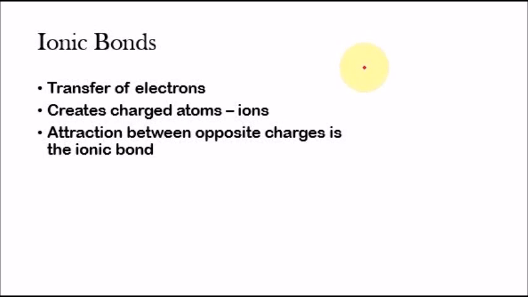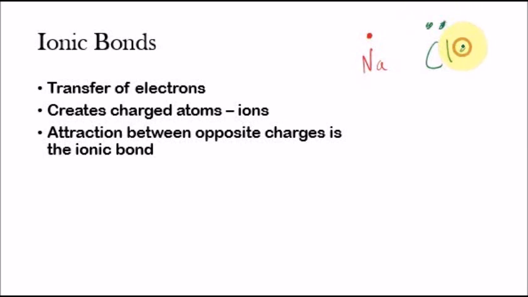So, sodium chloride, which is NaCl, is table salt, and table salt exhibits ionic bonding. Let me actually draw this with a different color. So the sodium atom here has one valence electron, and the chlorine atom has 7 valence electrons.